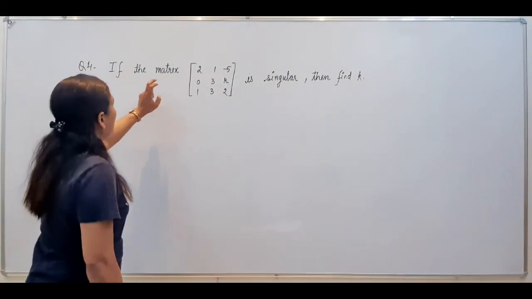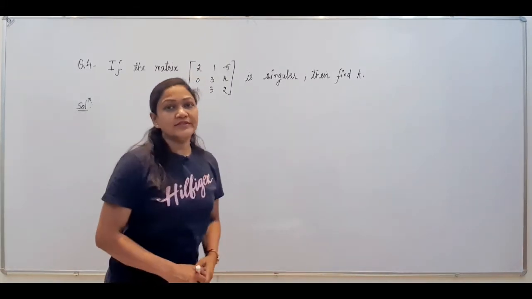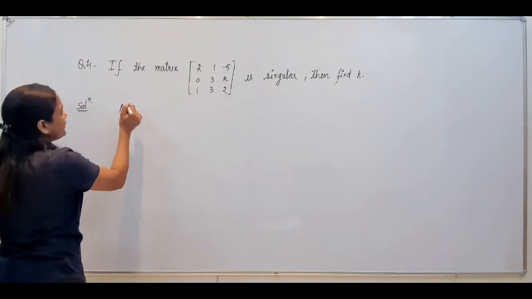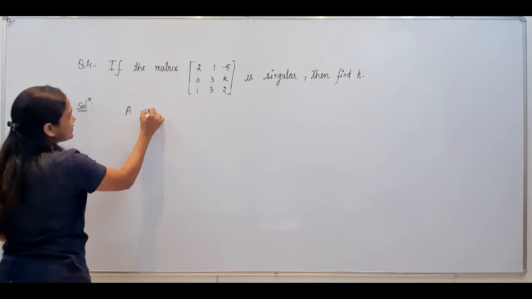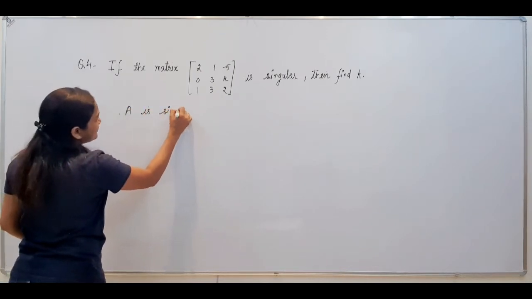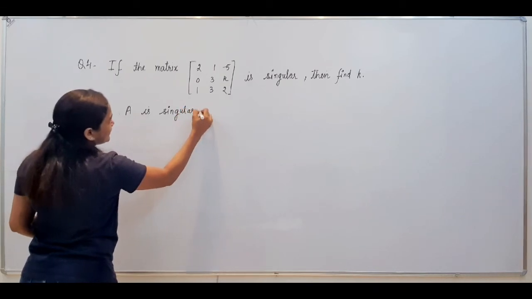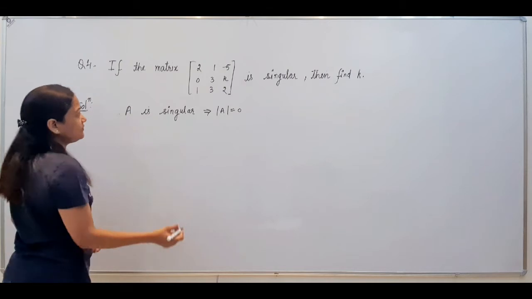Fourth question is, if the matrix is singular, then you have to find the value of k. If a matrix A is singular, that implies determinant of A is equals to 0.